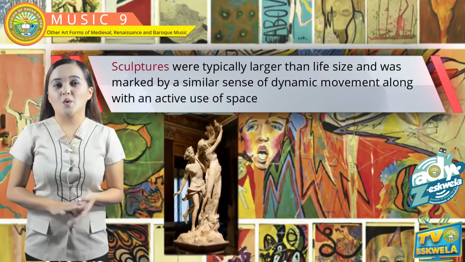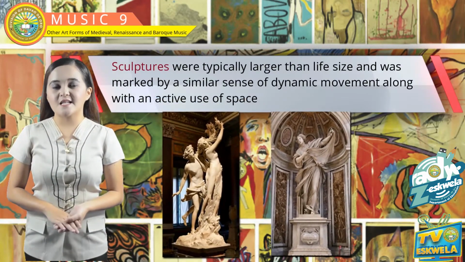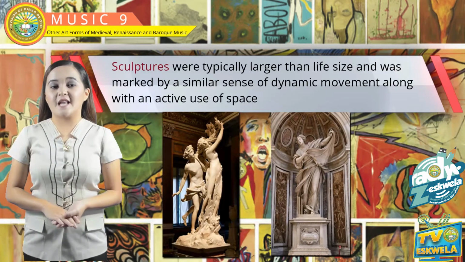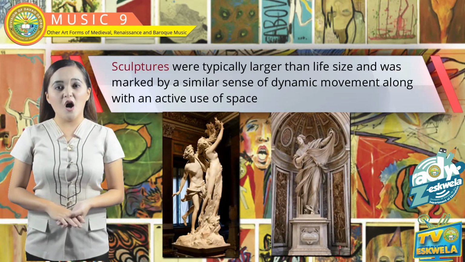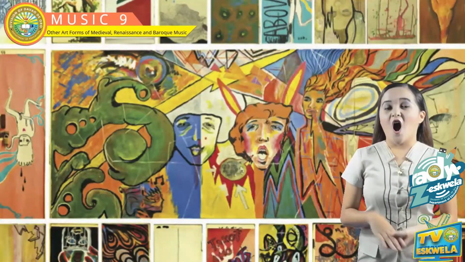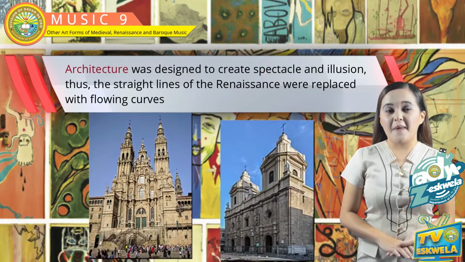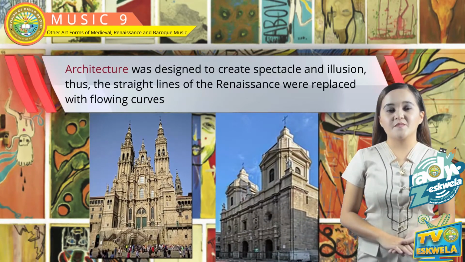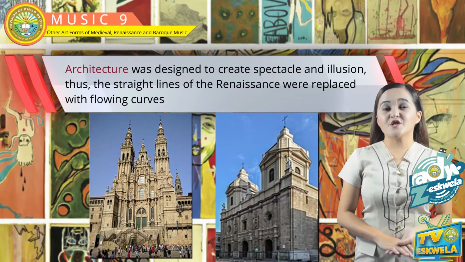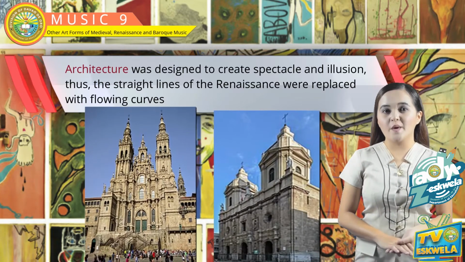Sculptures were typically larger than life size and were marked by a similar sense of dynamic movement along with an active use of space. Architecture was designed to create spectacle and illusion. Thus, the straight lines of the Renaissance were replaced with flowing curves.